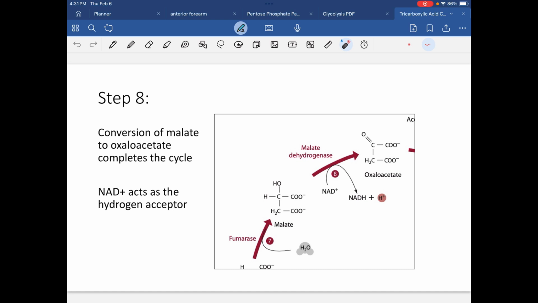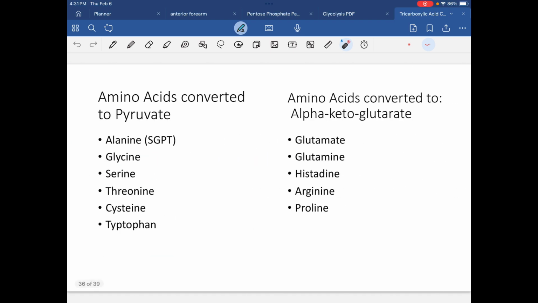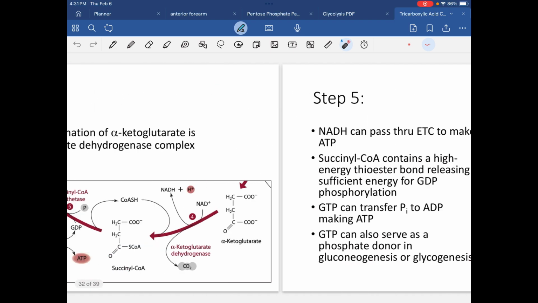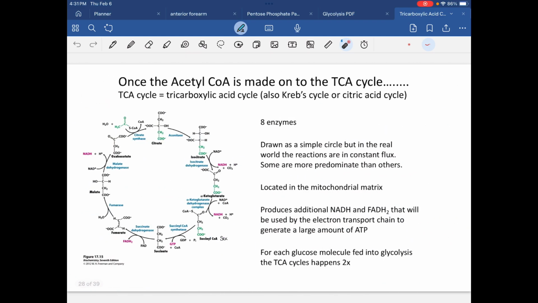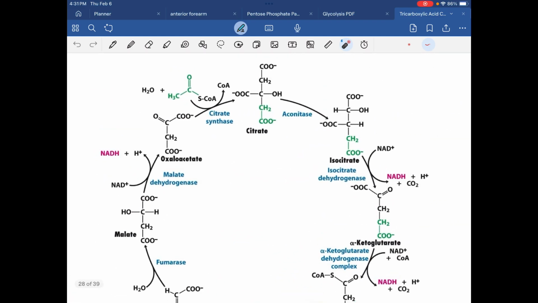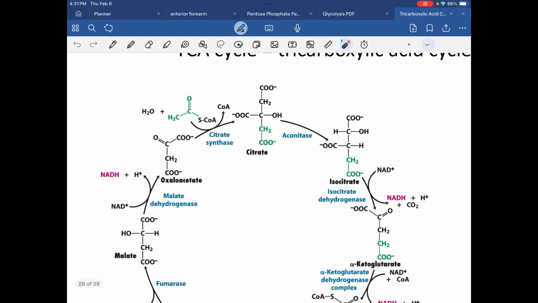So now we just need to take this OAA and recycle it so this can continue being a cycle. If I look at the big picture, we can see here that our citrate synthase is going to take that OAA and that acetyl-CoA from before to make citrate.